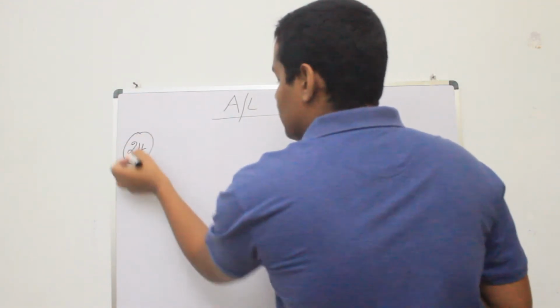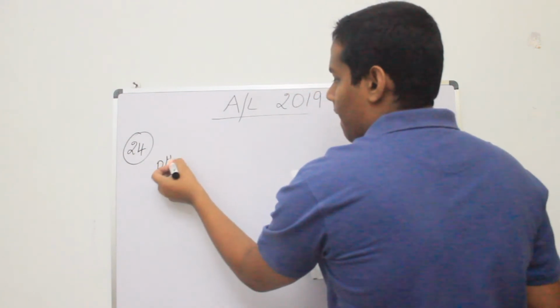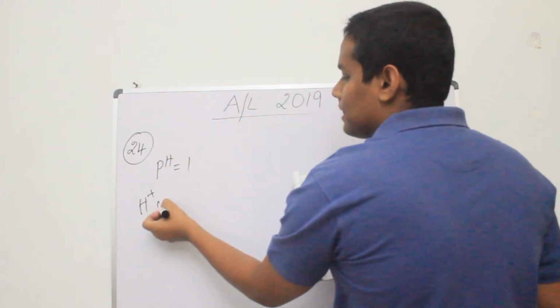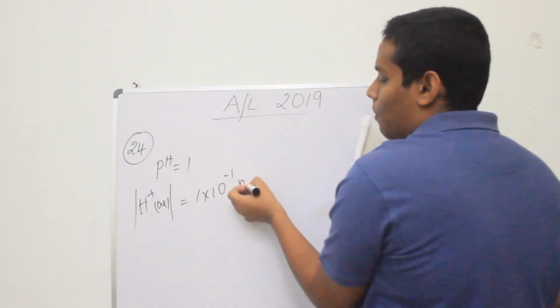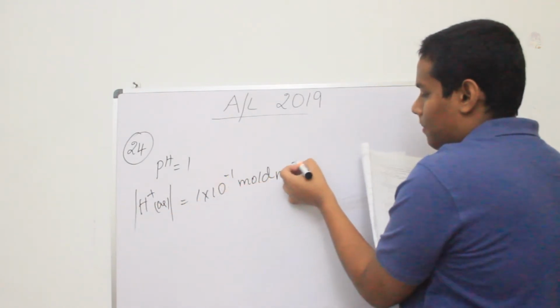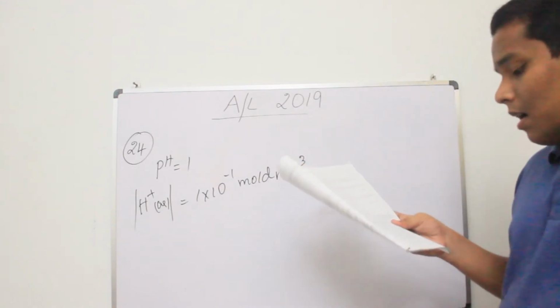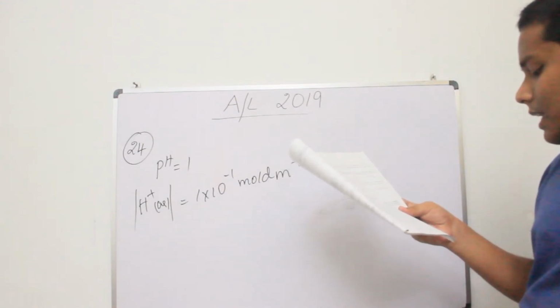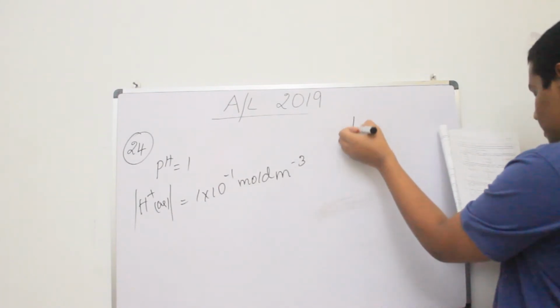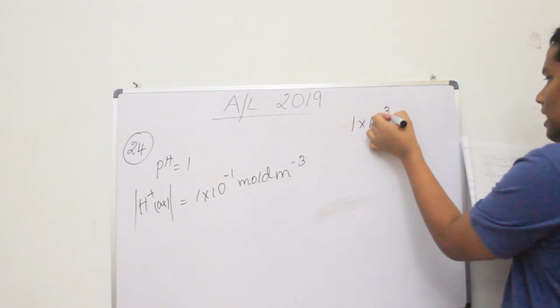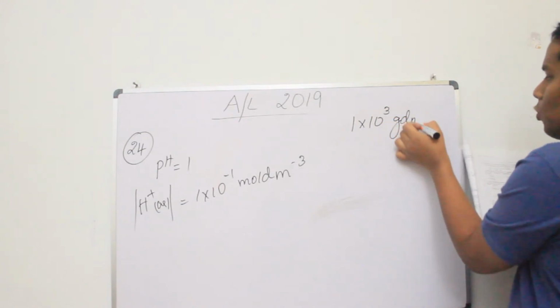24. pH 1 means H plus aqueous concentration will be equal to 1 into 10 to the power minus 1 mole per cubic decimeter. But density of the solution is 1 kilogram per cubic decimeter, which means 1 into 10 to the power 3 gram per cubic decimeter.